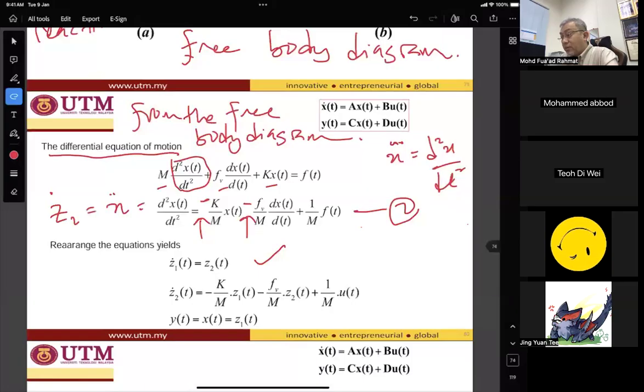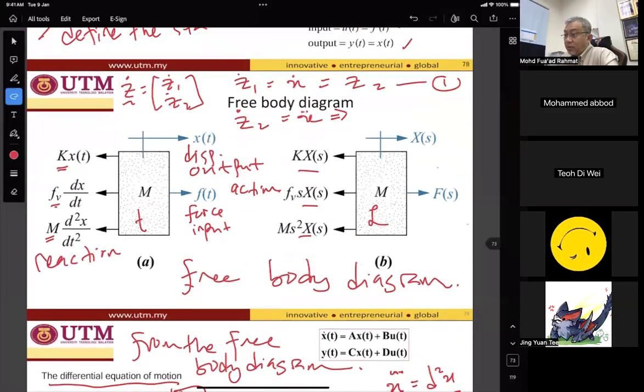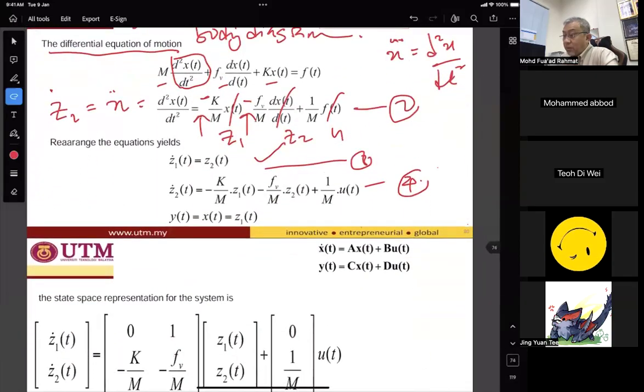So this one is z1, this one is z2, and this one is u. So that's why you will get the second state equation. And the output, as we mentioned just now, is the displacement. So y is equal to x(t) equal to z1.